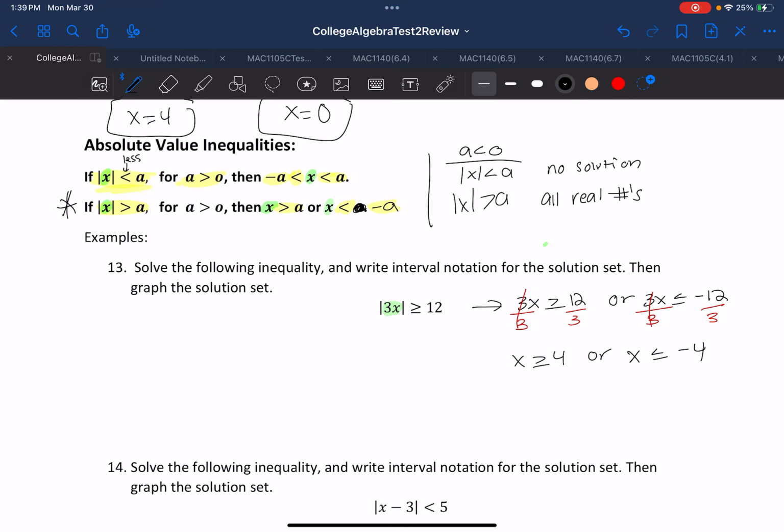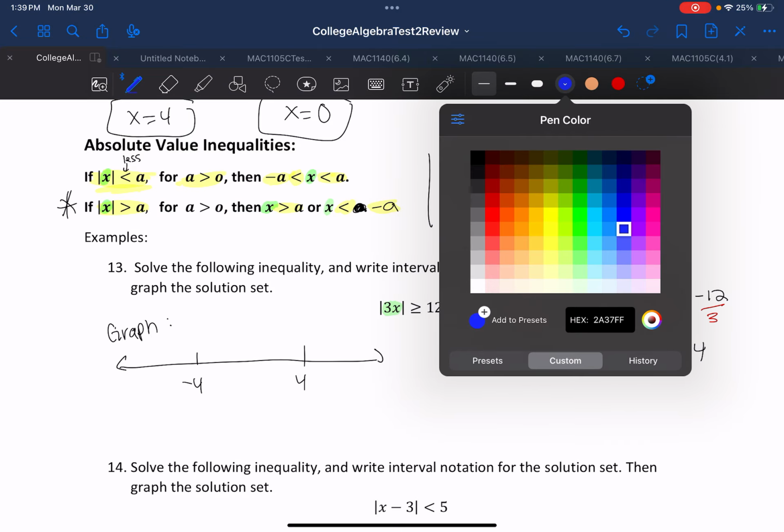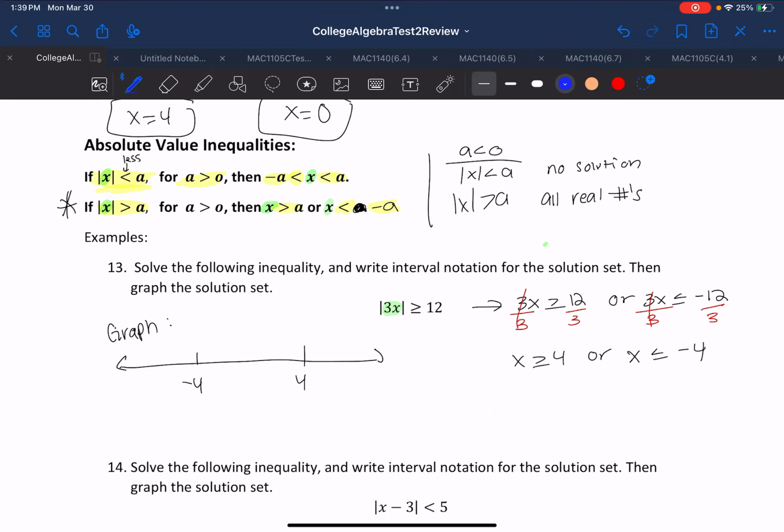And so if we graphed this solution set, we would have the numbers negative 4 and positive 4. Both of these can equal because it has the or equal line underneath the inequality symbol. So they would get a closed circle or a straight bracket.